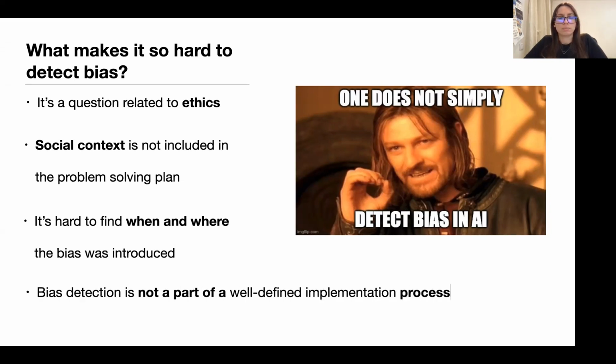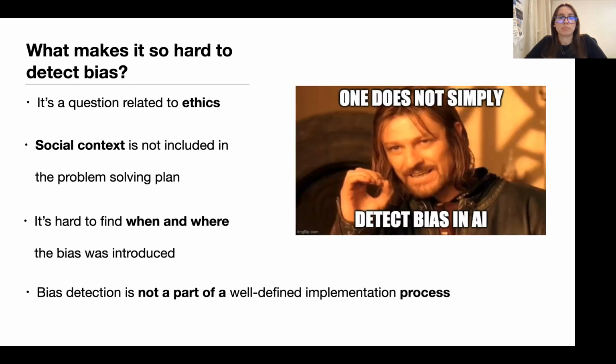And also, bias detection is not really a part of the development process. By that, I mean that we don't have libraries that we can just import and use to say that, okay, our model is biased or our data set is biased. It's all still in the process of research and experimentation.